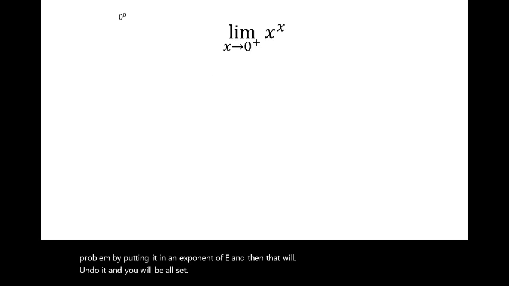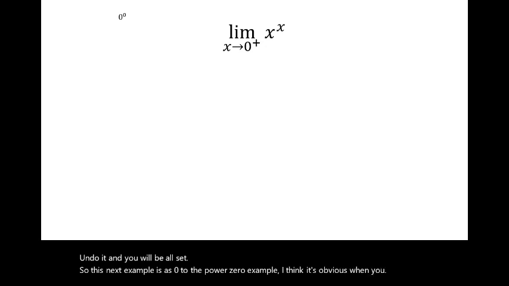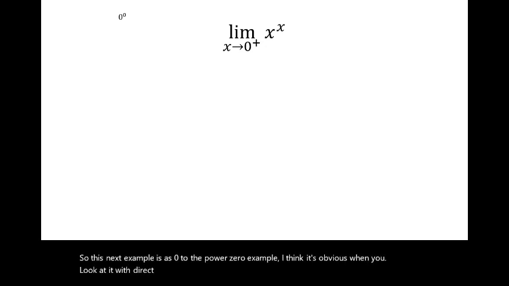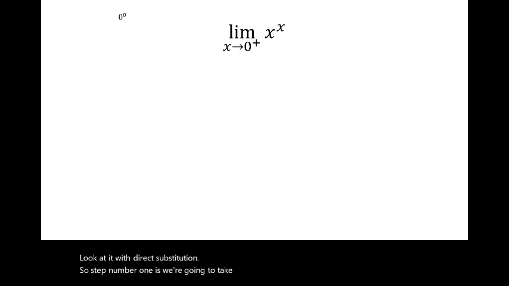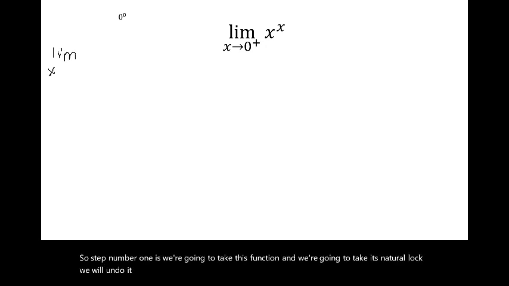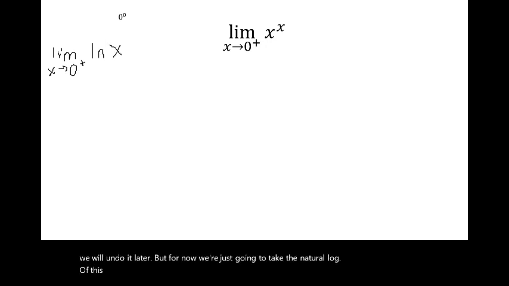So this next example is a 0 to the power 0 example. I think it's obvious when you look at it with direct substitution. So step number 1 is we are going to take this function and take its natural log. We will undo it later, but for now we're just going to take the natural log of this function. So we've got the natural log of x to the power x.